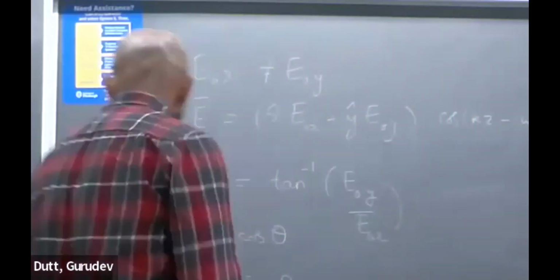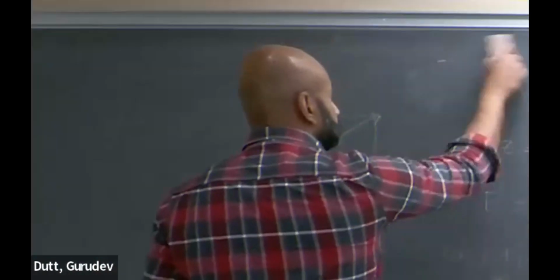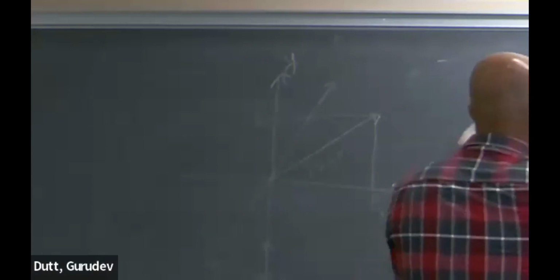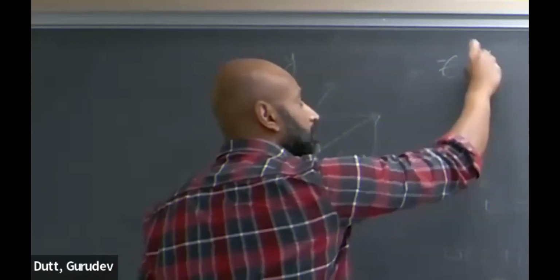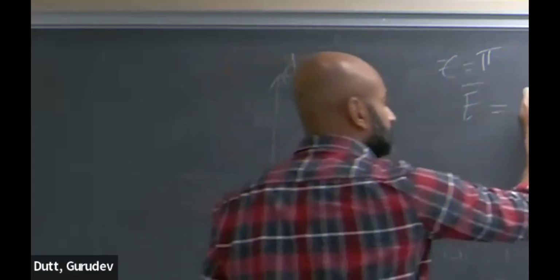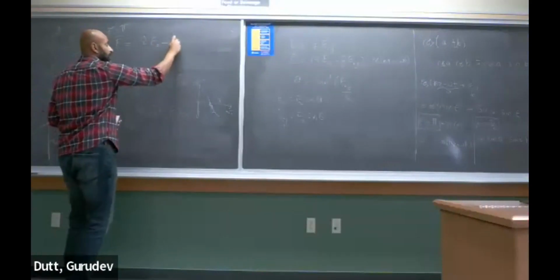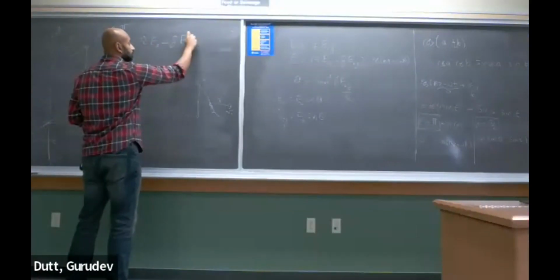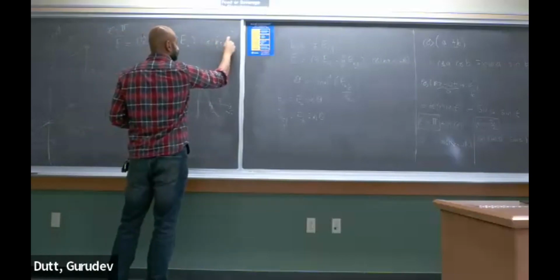So my new function for this polarization, for epsilon equal to pi, this electric field vector must now be written as x hat E naught minus y hat E naught times cosine kz minus omega t.